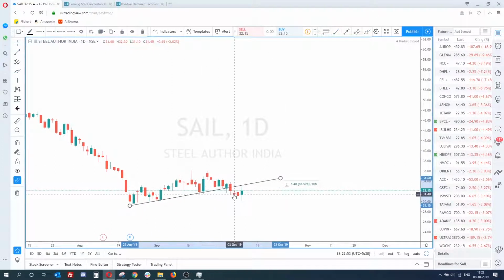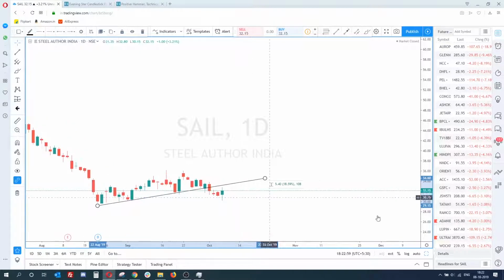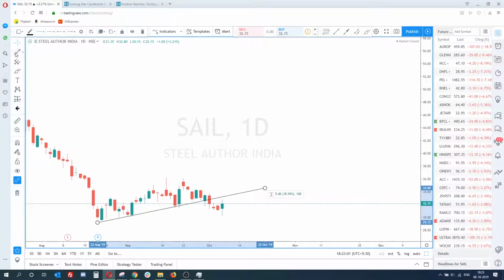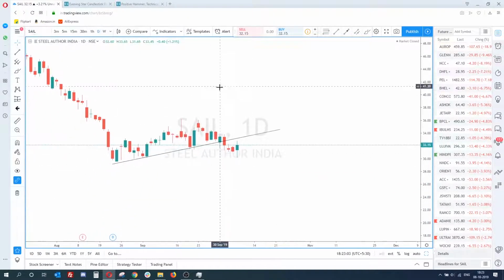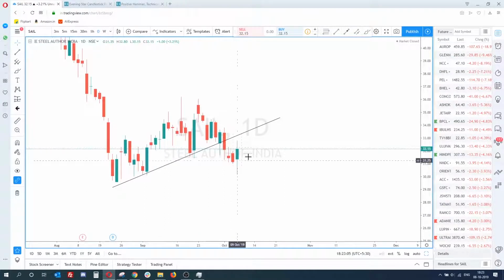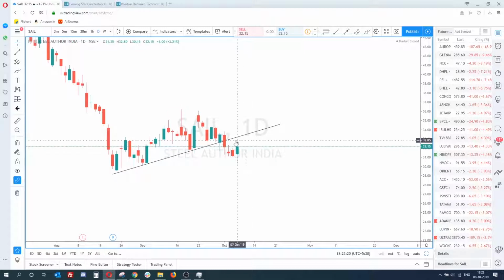There is a breakdown after the trend line, and this is not a perfect hammer again. Here the pattern itself is wrong. There should be no wick or a small wick at the top, but here there is a huge wick.